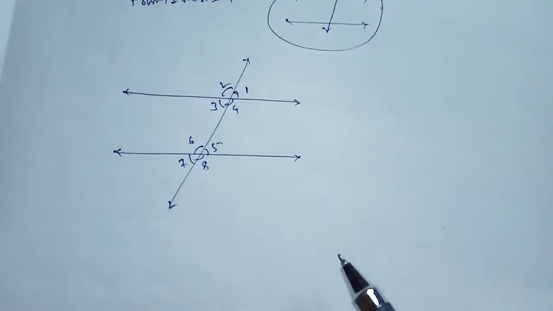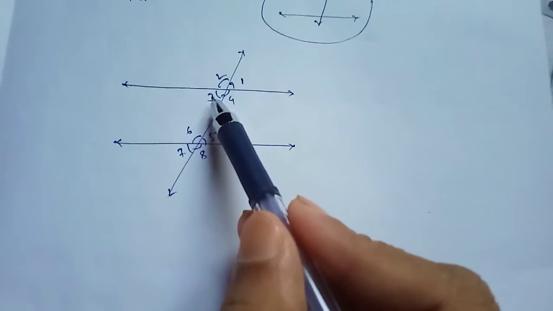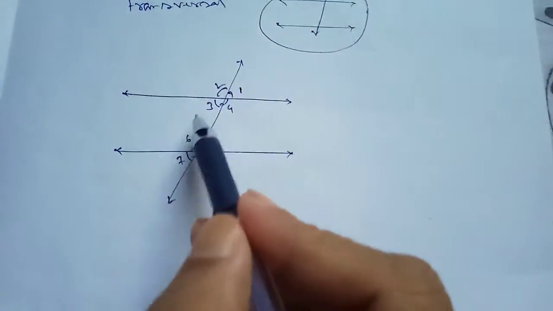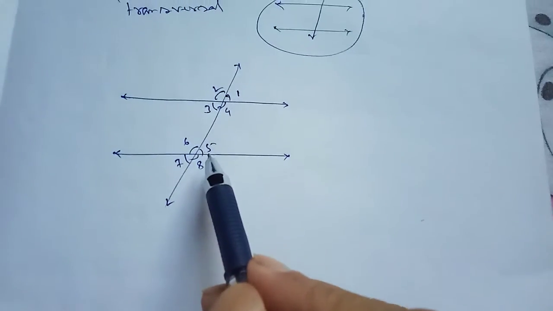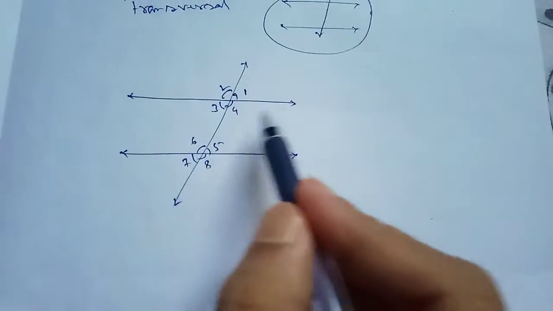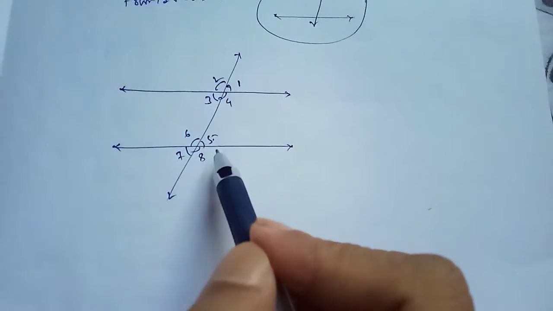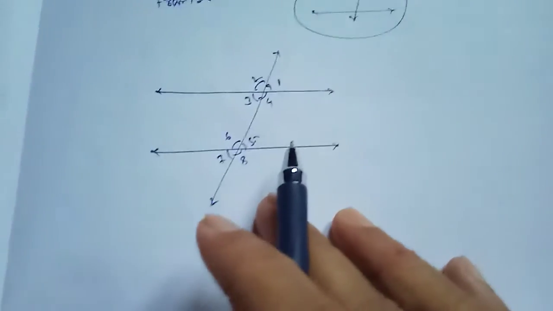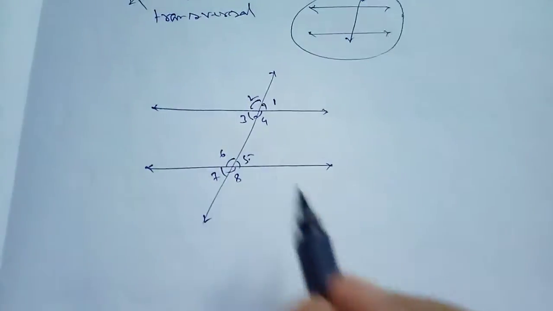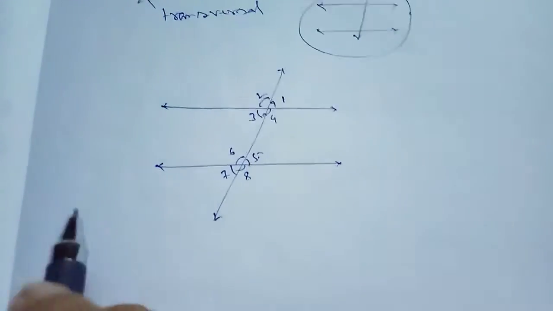Now, at first see this angle 3. It is interior, inside the parallel lines, but on opposite sides of the transversal. Opposite means alternate side. Similarly 4 and 6. That is why these are called alternate interior angles. Alternate interior angles are always equal.